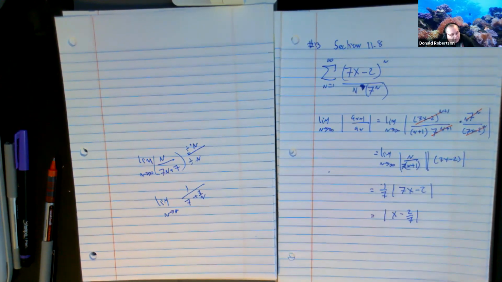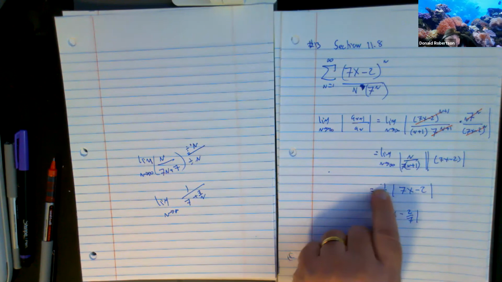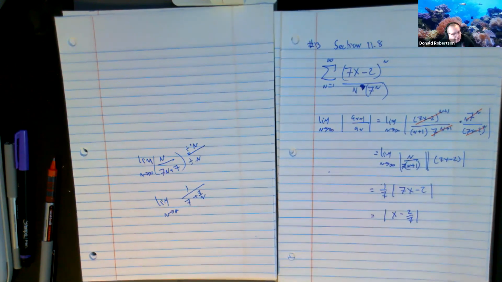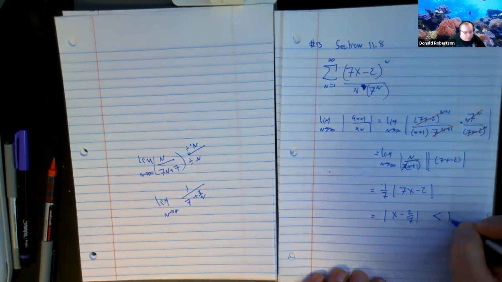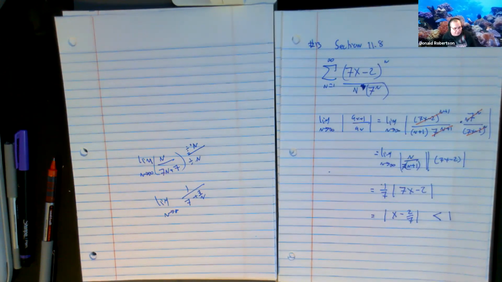Yep. Absolute values are just basically saying it's a positive thing inside, right? You make it positive, and a positive number you're allowed to bring inside. Now, according to the ratio test, shouldn't that be less than 1 if it's going to converge?